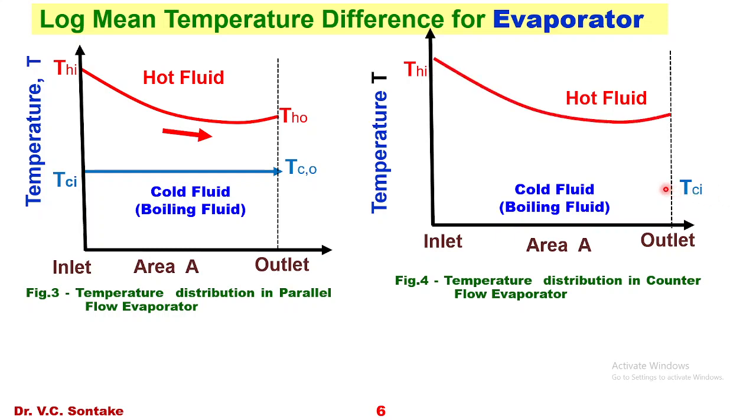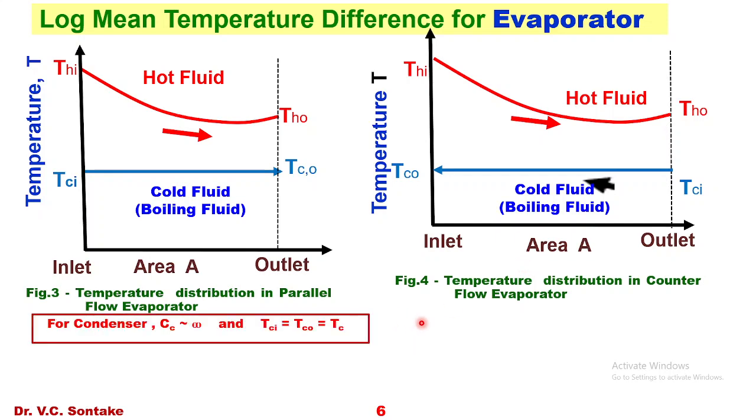By virtue of heat exchange from hot to cold fluid, temperature of the hot fluid will be decreasing from Thi to Tho, and cold fluid after receiving heat from the hot fluid will undergo phase change process at constant temperature, that is Tci is equal to Tco. So this way the temperatures of hot and cold fluid vary in evaporator when parallel flow and counter flow arrangements are employed.